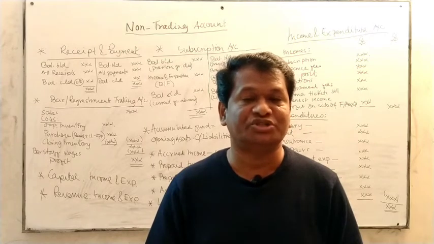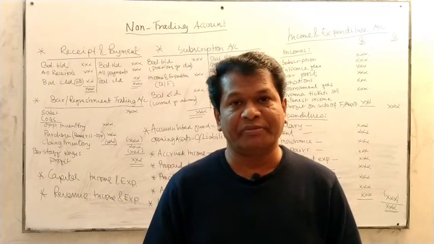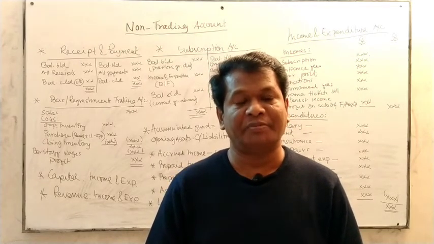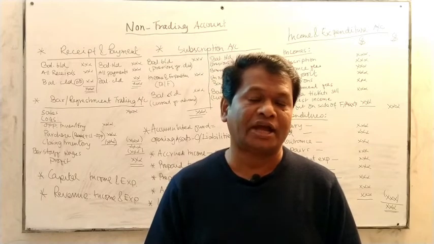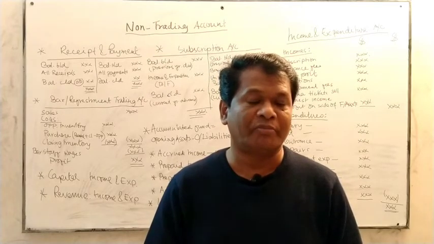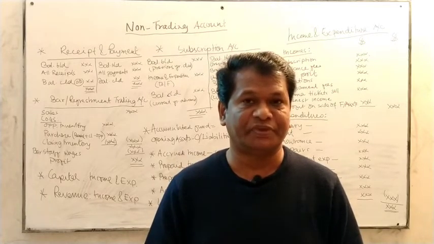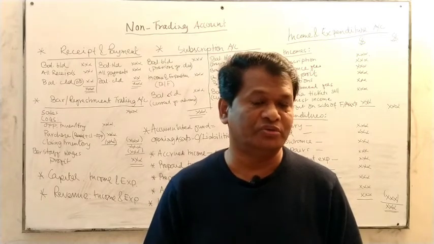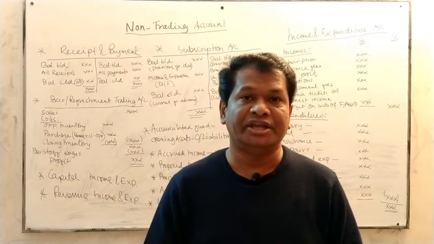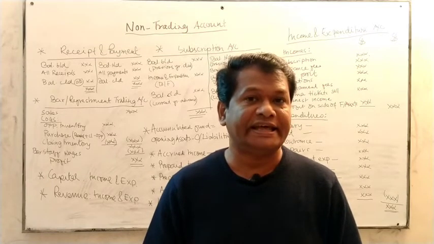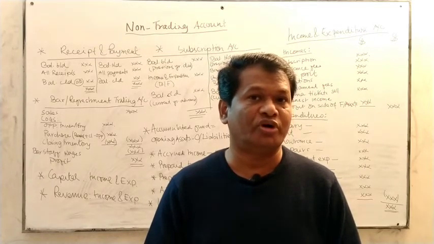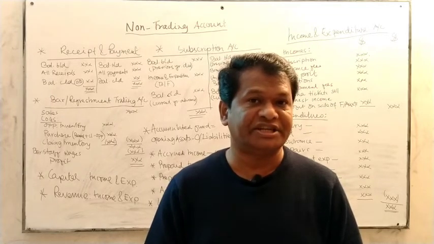So whenever you are going to prepare the income and expenditure account or the balance sheet, you have to prepare some accounts one by one, step by step. Then it is easy for you to prepare the income and expenditure account and the statement of affairs. What you have to do, from the beginning, step by step.